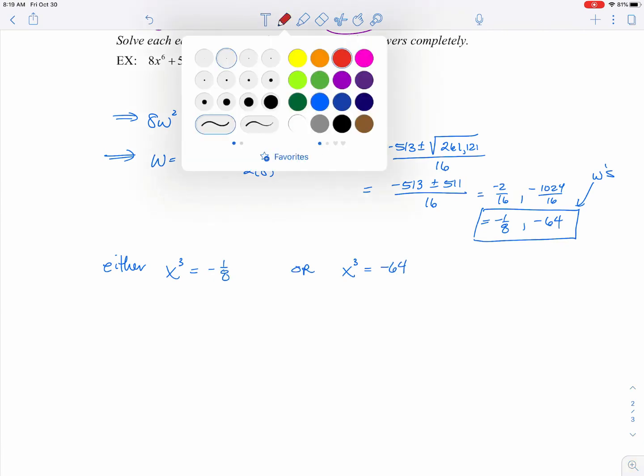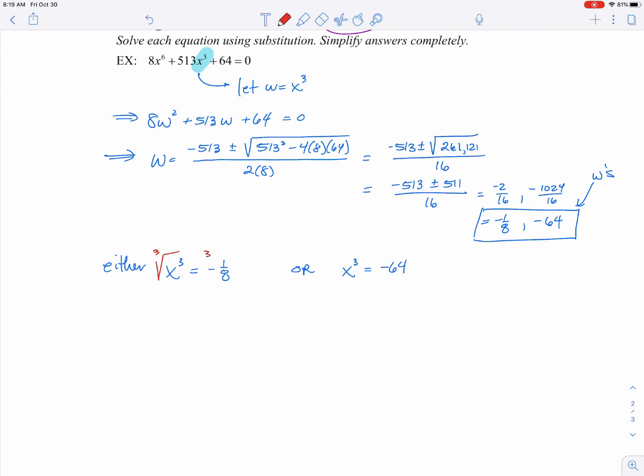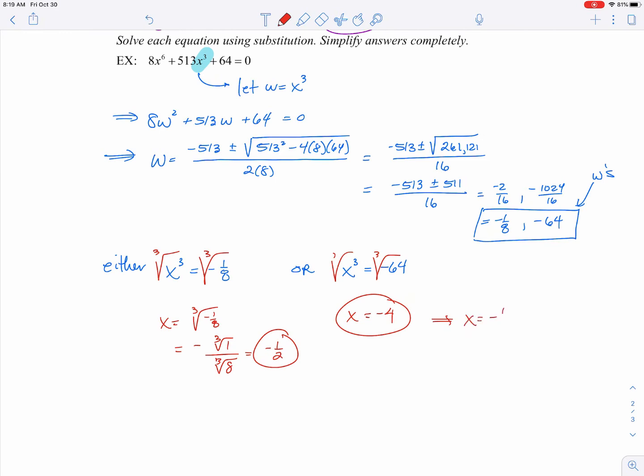So now we're going to take the cube root of both sides, and we get x is the cube root of negative 1/8, which is negative the cube root of 1 over the cube root of 8, which is negative 1/2. And for taking the cube root of both sides here, we just get x is equal to negative 4. So those are our two answers. x equals negative 1/2 and negative 4.